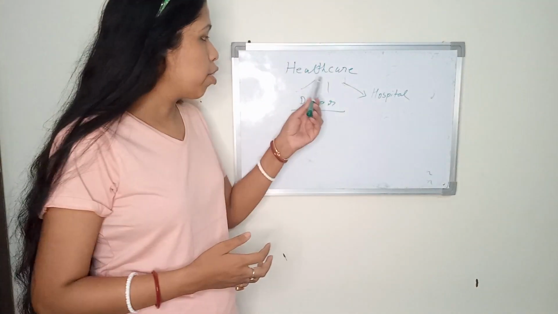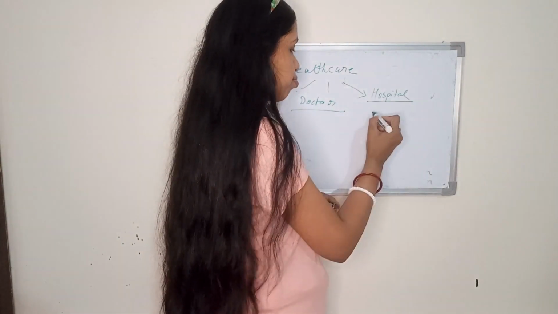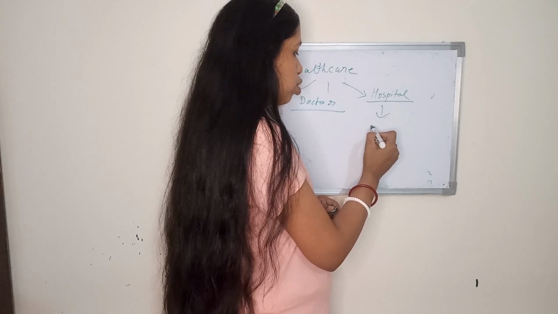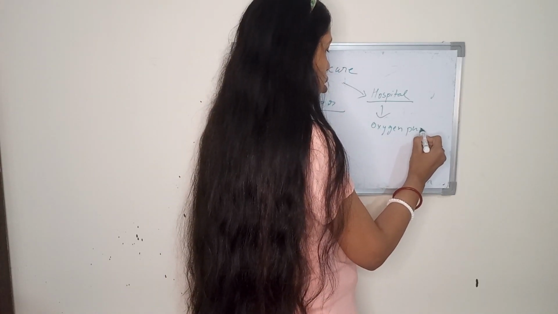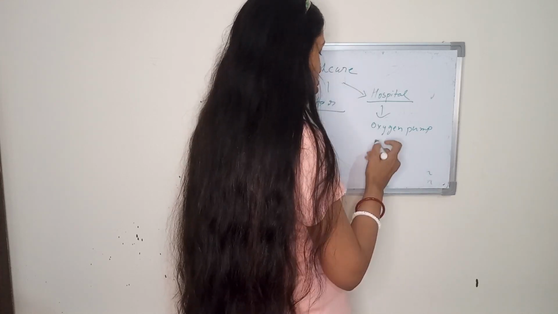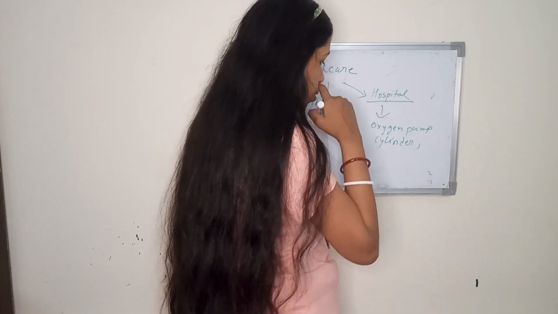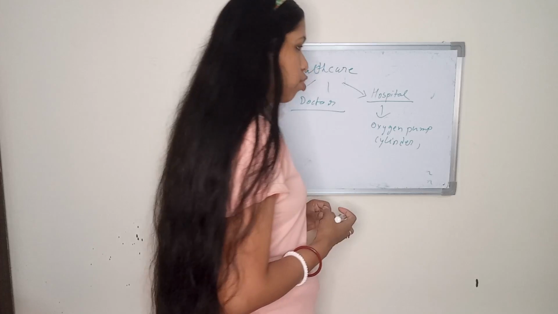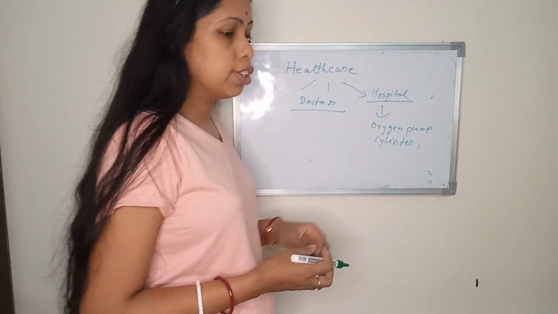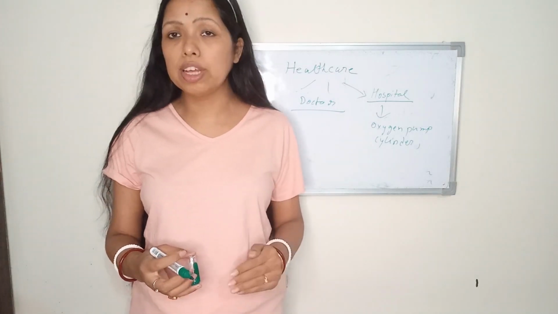Next is how IoT can help the hospital. For tracking different kinds of things, suppose oxygen pumps, different kinds of cylinders, and lots of other hospital instruments, the location of these things can be detected by devices.